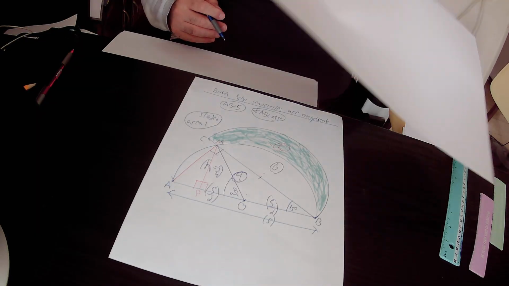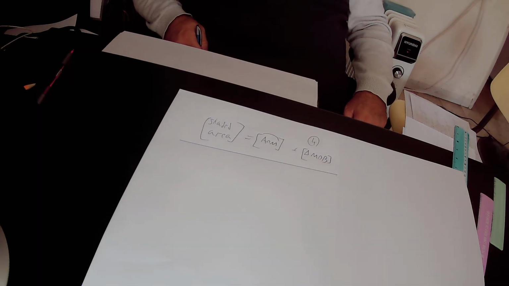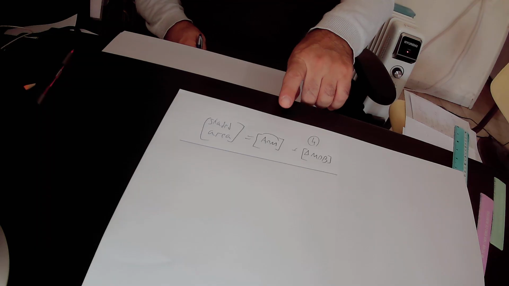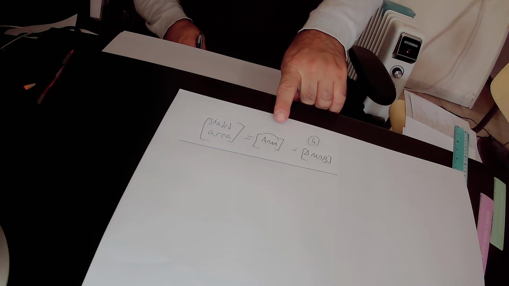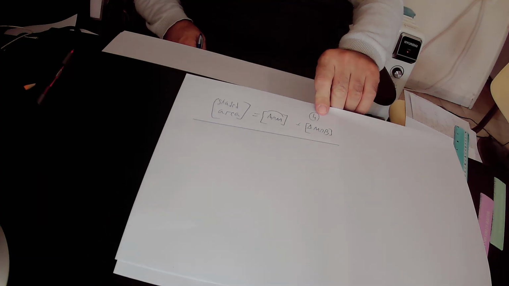And again, the shaded area in total is equal to the area of sector AOM. The rounded sign above AOM is a sign for a sector. It means sector AOM plus the area of triangle MOB.